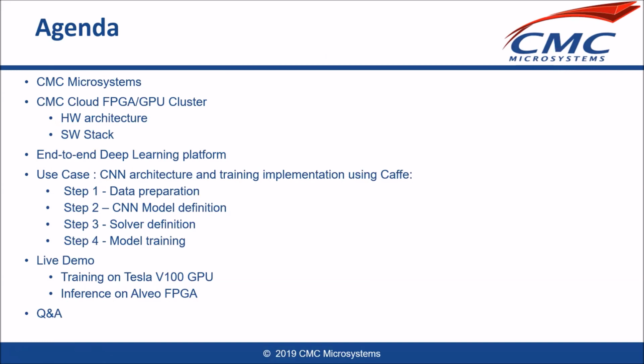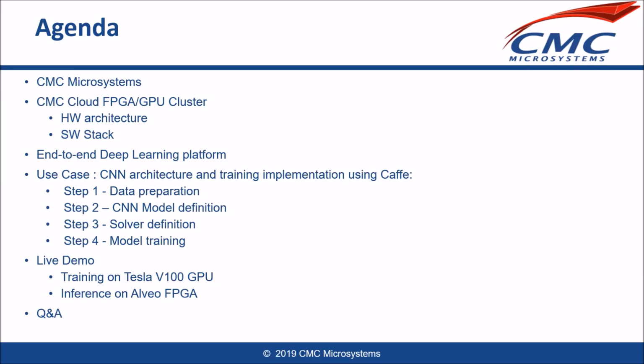Then we'll summarize one of the important platforms we are supporting today, the end-to-end deep learning platform, which supports research in AI and machine learning from an embedded edge computing unit to a cloud-based, more powerful heterogeneous processing cluster, which is the one we are going to talk about today.